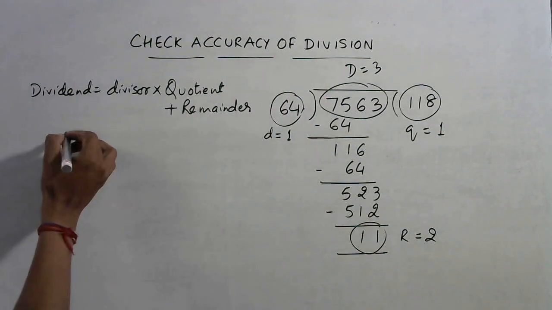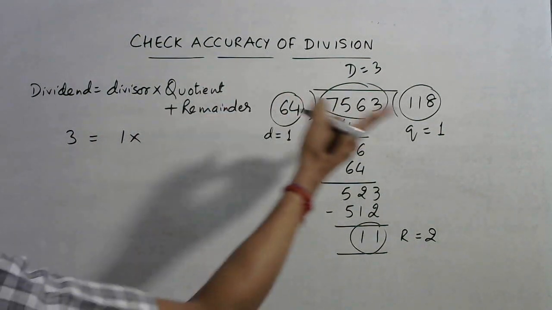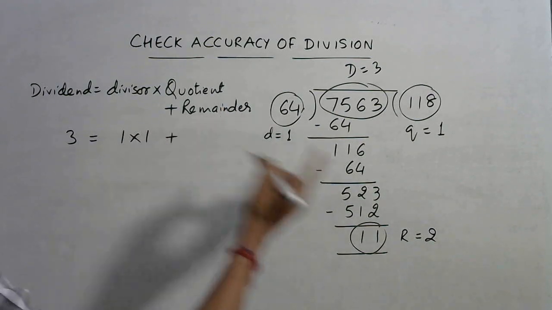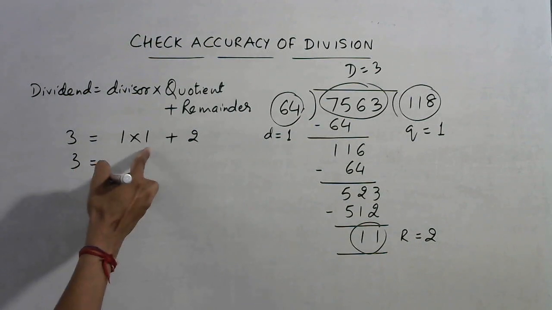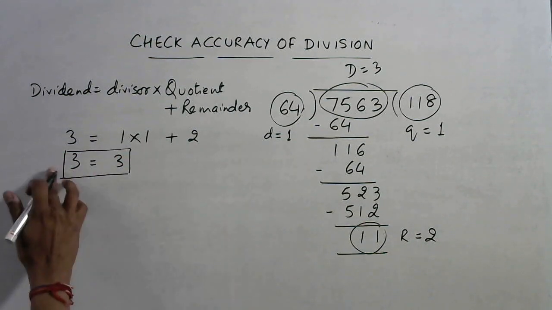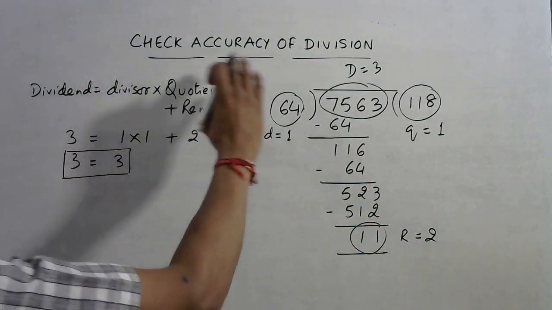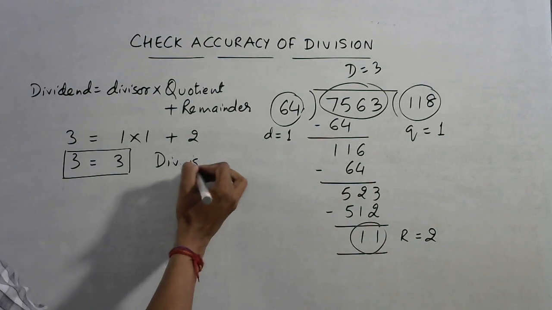Dividend is 3, divisor 1, quotient 1, remainder 2. So very simple. 3 equal to 1 into 1 is 1, 1 plus 2 is 3. So since we are getting the same single digit on the left hand side and right hand side of this expression, therefore our division is correct.